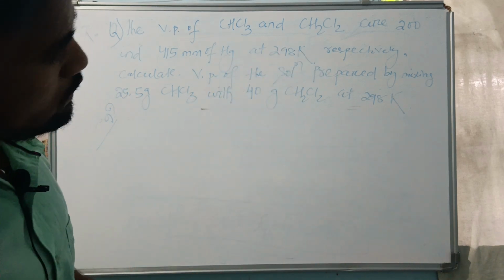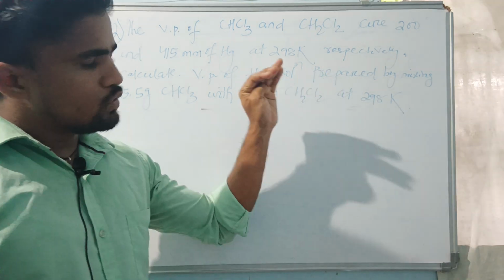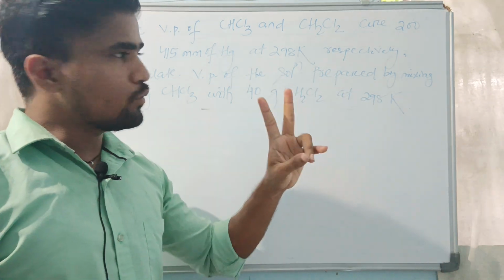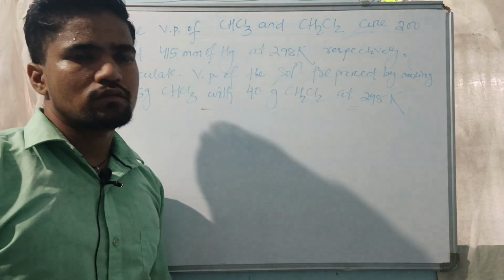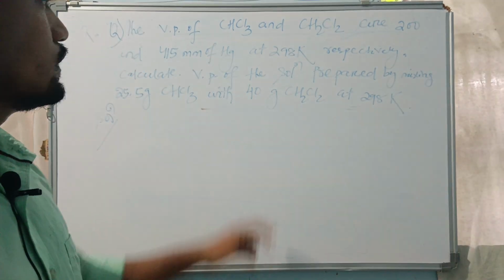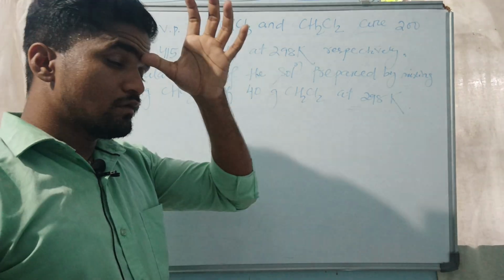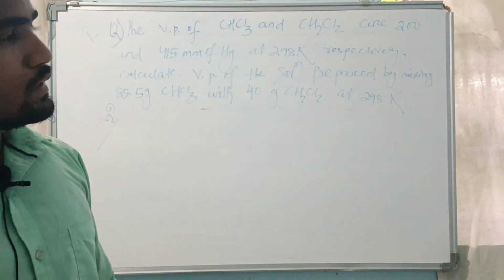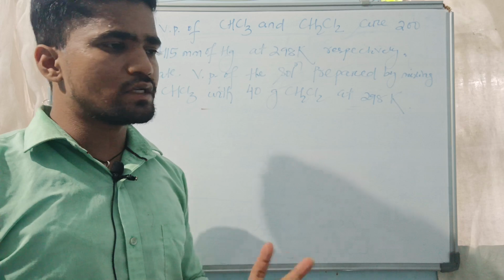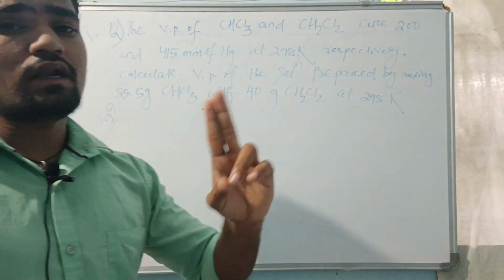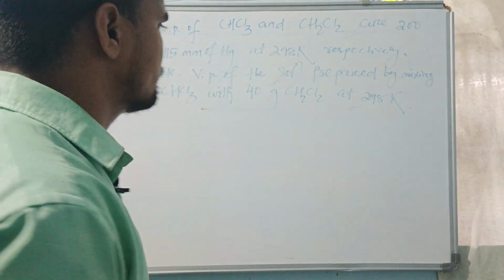So first we have to know the molar mass of these components. Two components are given in this solution, chloroform and dichloromethane. So molar mass we need. After that we have to calculate number of moles and mole fraction. After that we have to put the final expression of Raoult's law.